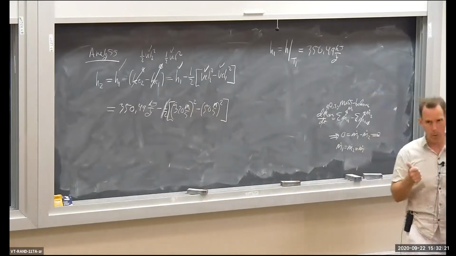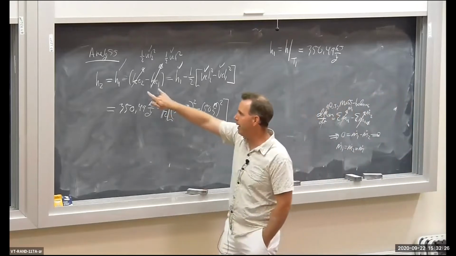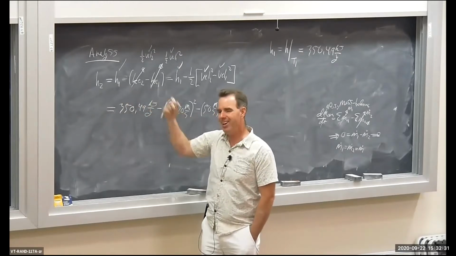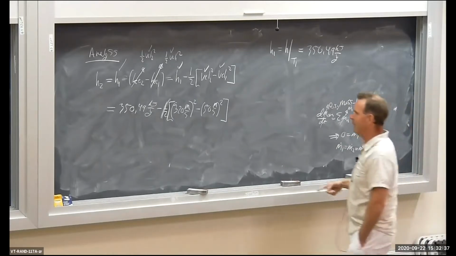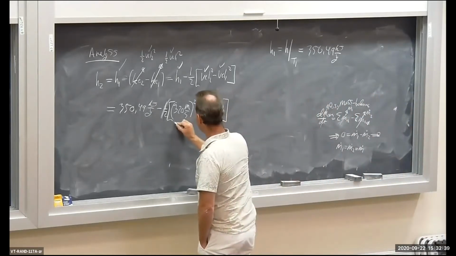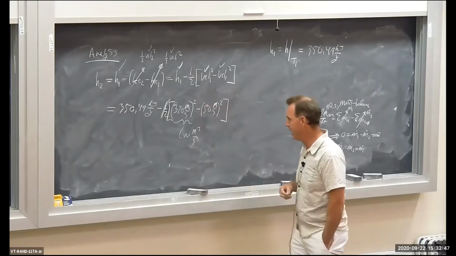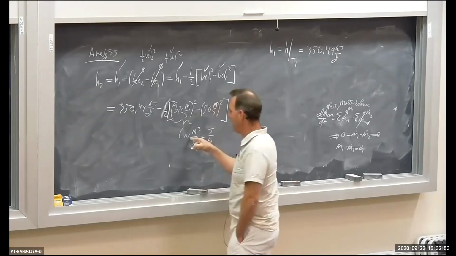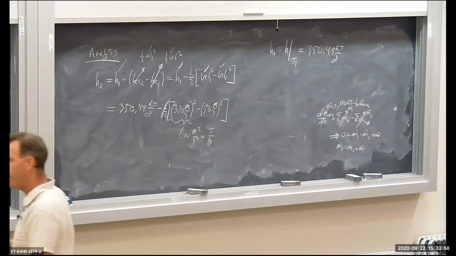Now, one little thing before we proceed. When you have these kinetic energy calculations in the energy balance, the unit on enthalpy is usually kilojoules per kilogram. The unit on kinetic energy is an energy per unit mass. This quantity has units of meters squared per second squared, which is actually a joule per kilogram. If I multiply meters squared per second squared by a mass, I get a joule, a unit of energy.